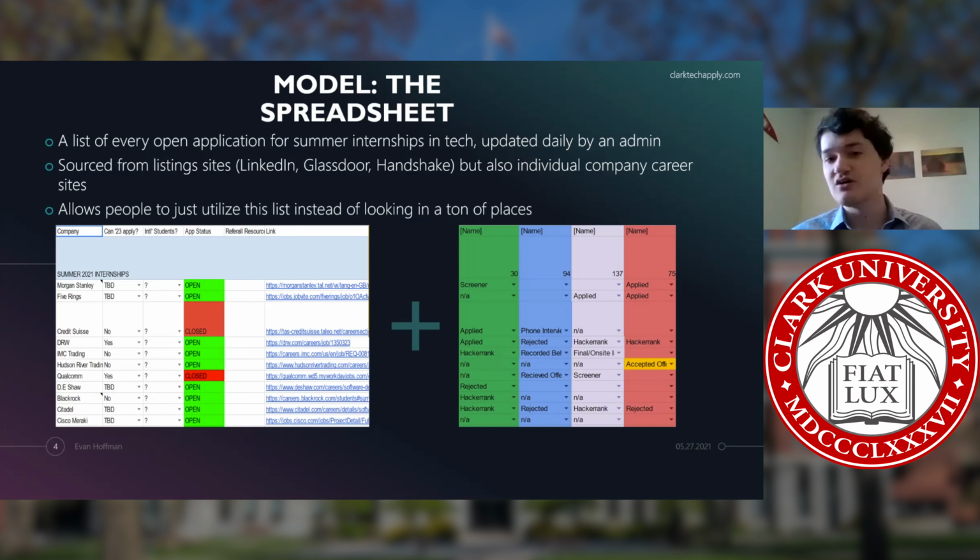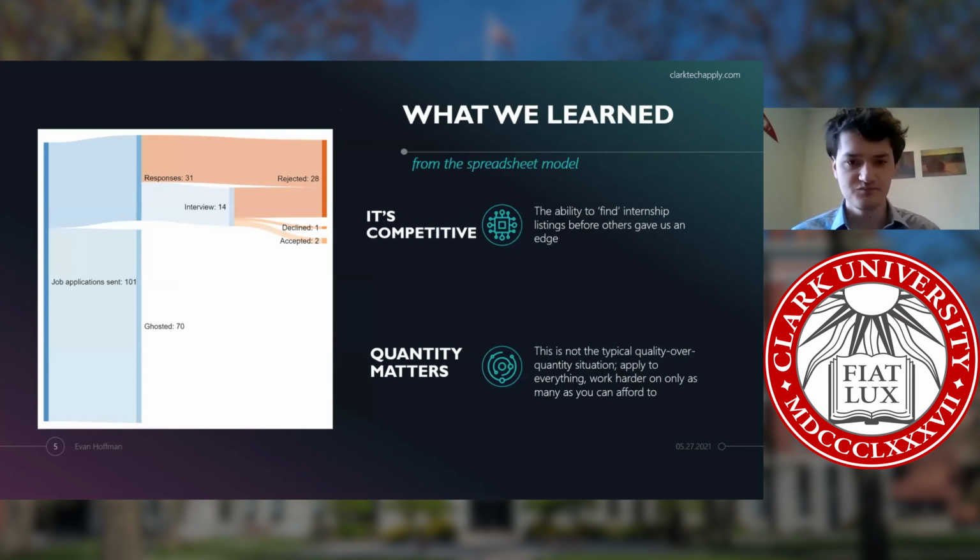Instead of checking all 500 career sites a day, I only needed to know through years of data that I've collected when they're going to release those internships. Like some post it in May, some post it in July. And so knowing that means I only really have to check 10 to 15 places a day. So it's not as hard as checking 500 websites.